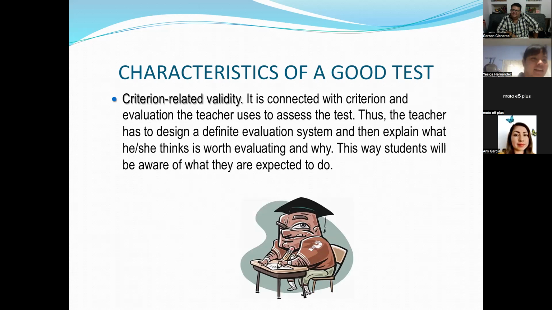Criterion related validity. It is connected with criterion and evaluation that the teacher uses to assess the test. The teacher has to design a definite evaluation system and then explain what she thinks is worth evaluating and why. This way, students will be aware of what they are expected to do.